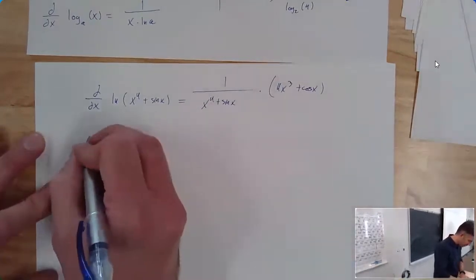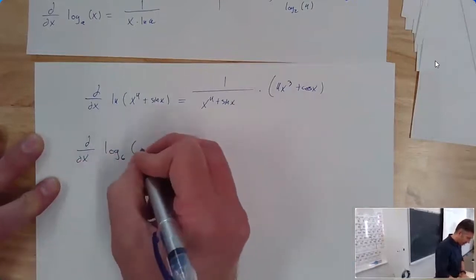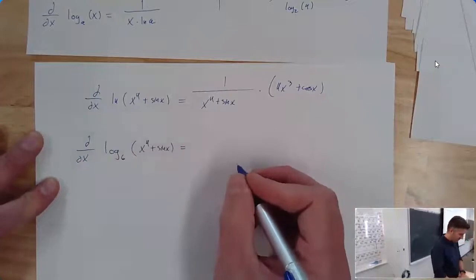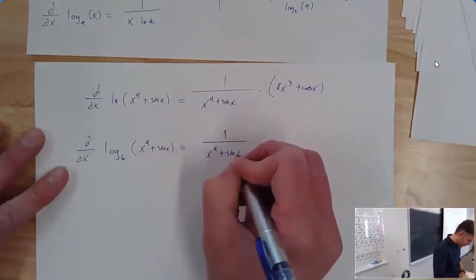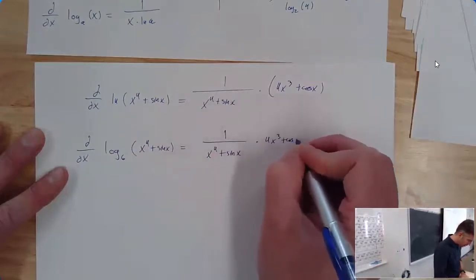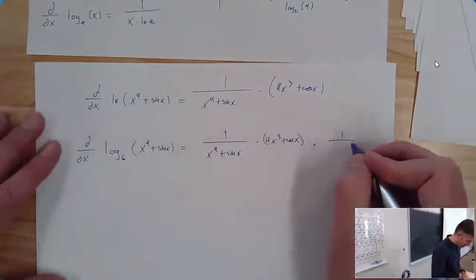Whereas if you're trying to take the derivative of, say, log base 6 of x to the 4th plus sine of x, then you would get the same sort of thing, 1 over your stuff times the derivative of your stuff, but then you would also, in the denominator, need a factor of natural log of 6. I usually write it at the end as this.